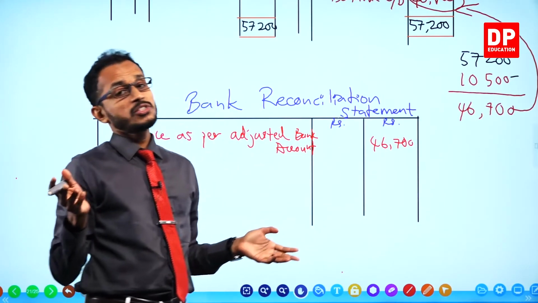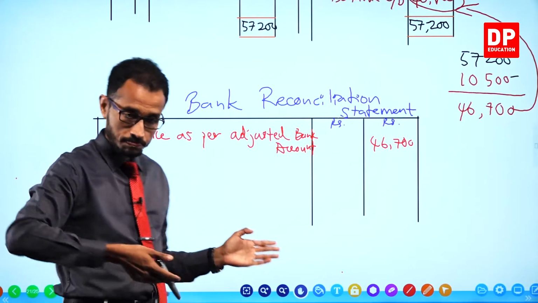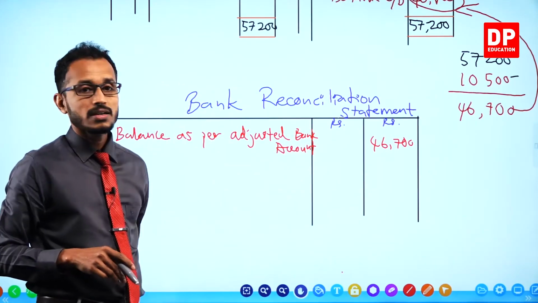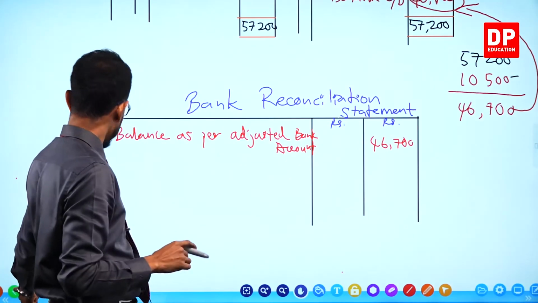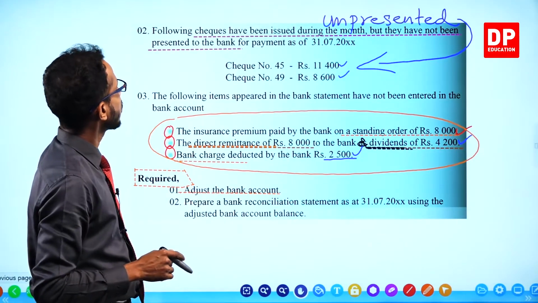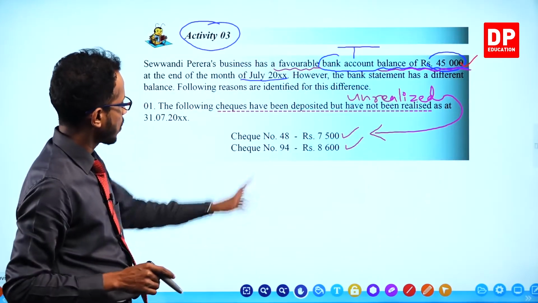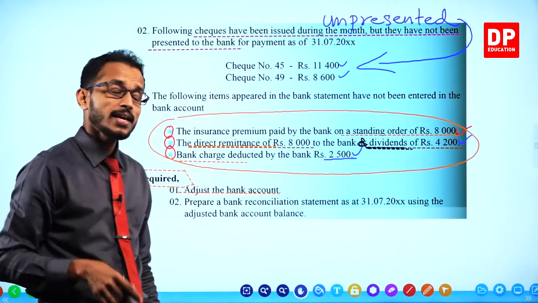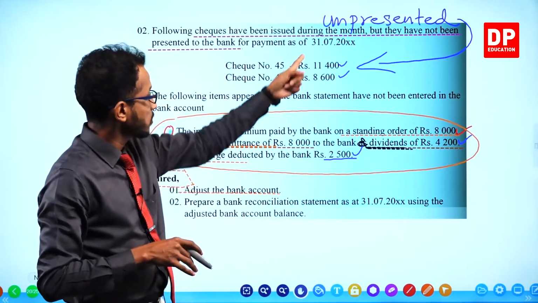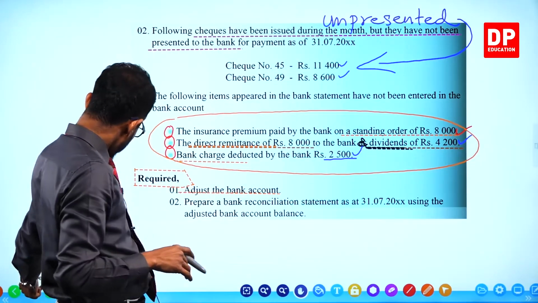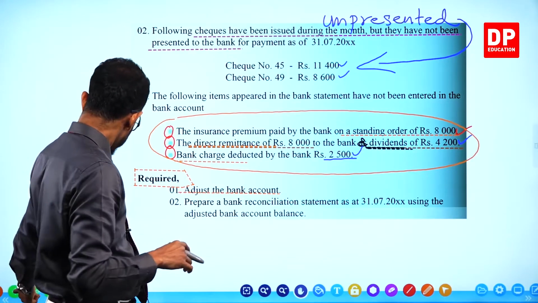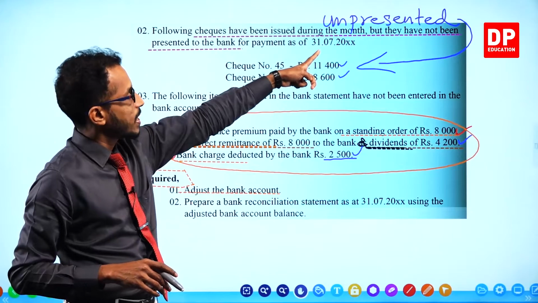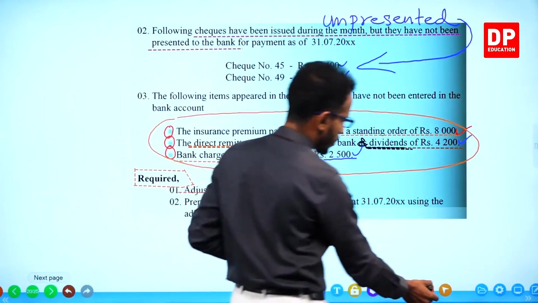Yeah, now we have to go back and check what items should be entered in the reconciliation statement. Back to the question. Unrealized checks and unpresented checks. I told you that it's better if you can jot down near the unrealized checks and unpresented checks that these items go to the bank reconciliation.